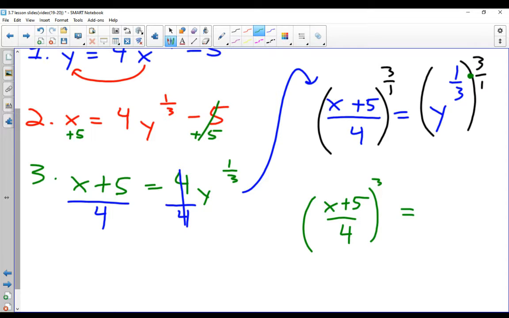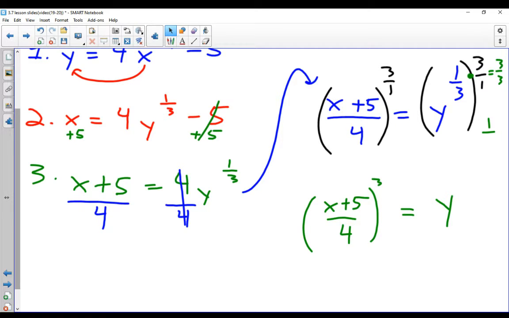If you multiply those two, you're just going to get y to the power of 3 over 3, which if you simplify is just 1 over 1, which is just y to the power of 1. And of course, you don't really need that 1 there. You can just write y.